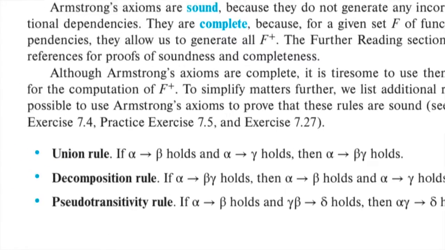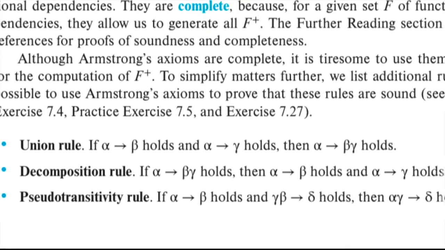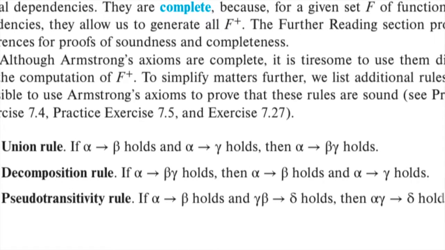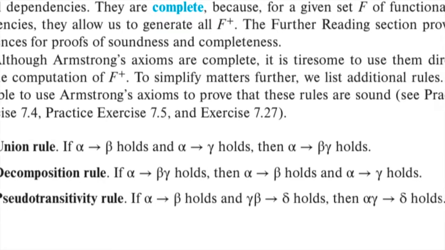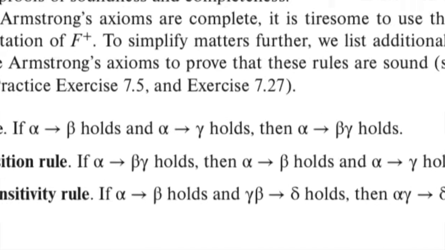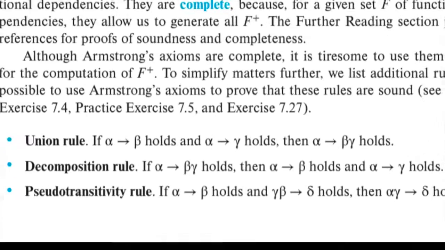Okay? And then, there is a pseudo-transitivity na if alpha to beta holds and gamma beta to delta holds, then we have alpha gamma to delta. So basically parang nag-cancel out yung beta sa part na to.